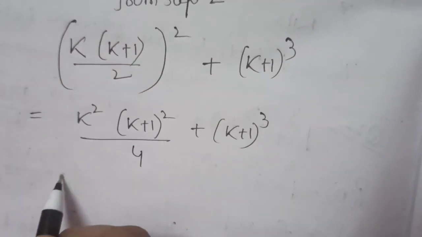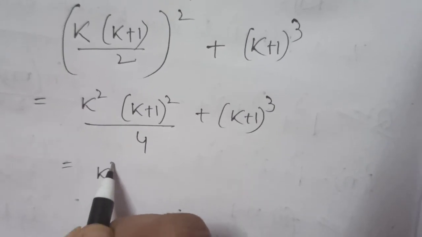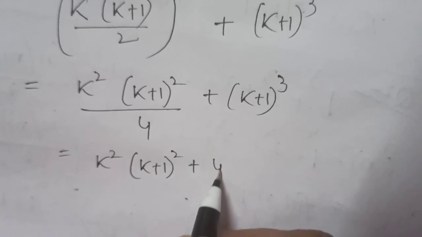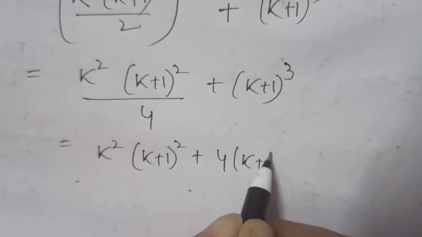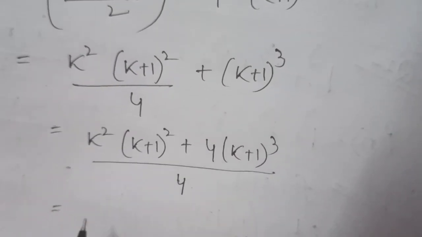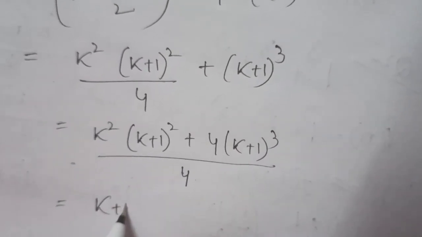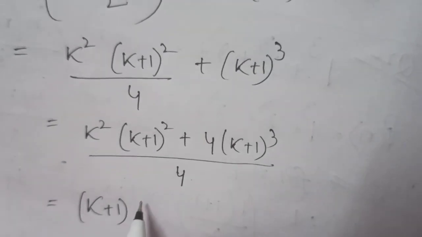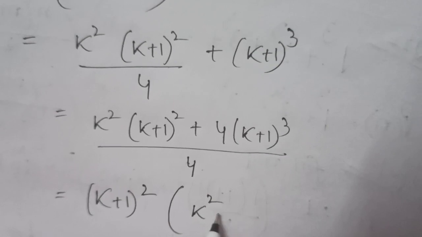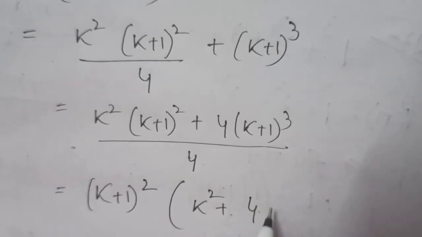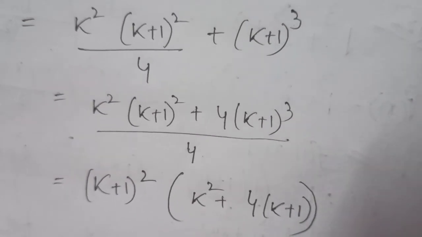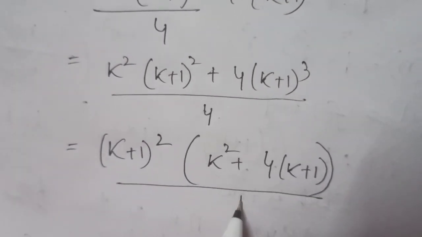Now the same, by taking LCM: k square, k plus 1 whole square plus 4 into k plus 1 whole cube by 4. Now I am taking k plus 1 whole square as common. Then what is remaining? k square plus 4 into k plus 1, divided by 4.